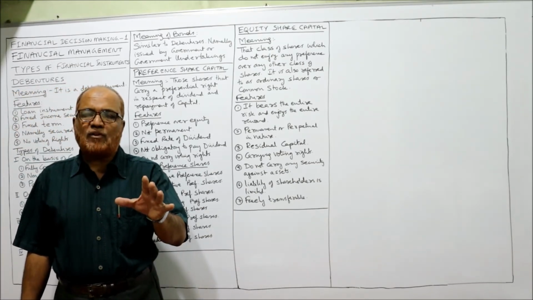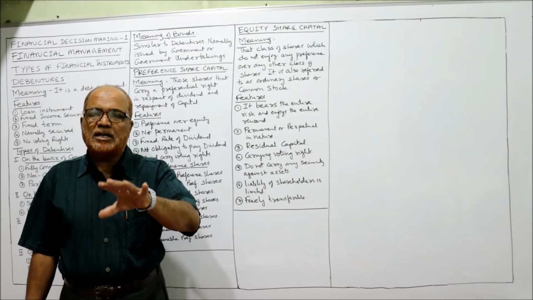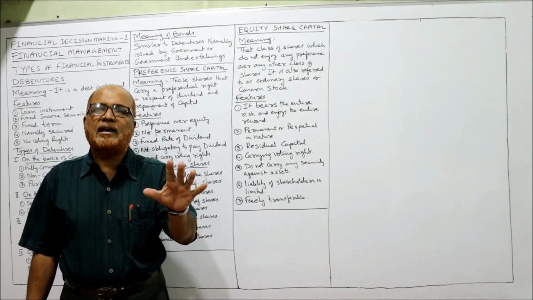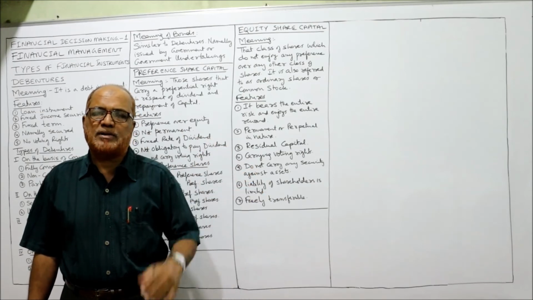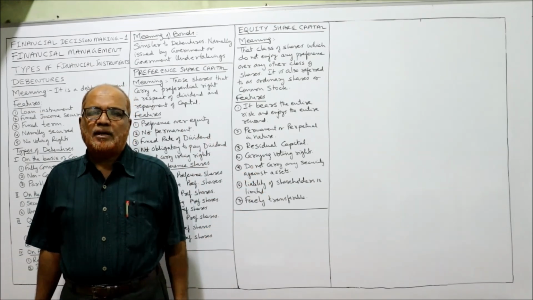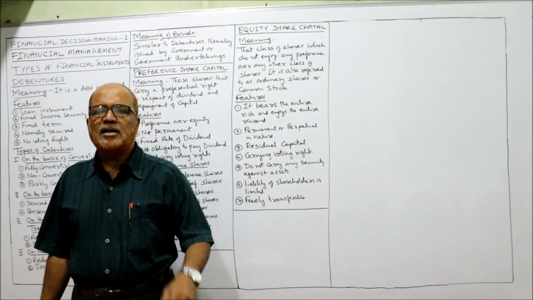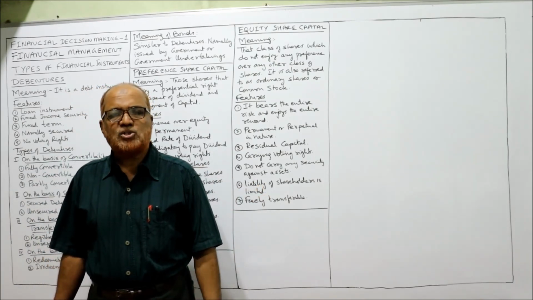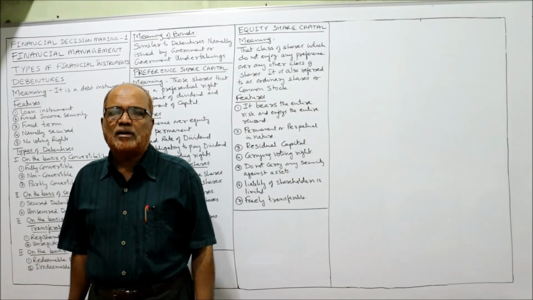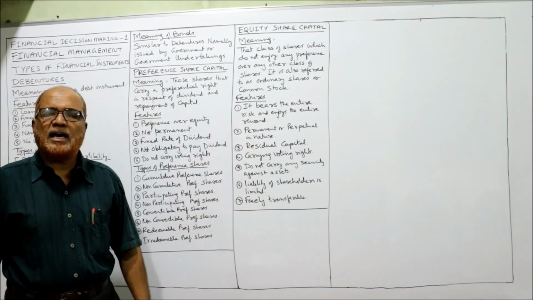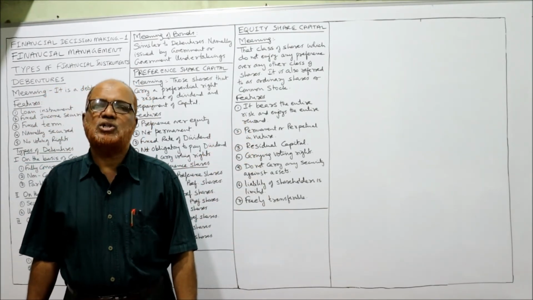The shares of a public limited company are freely transferable from one person to another. At any time, the equity shareholder can transfer his shares to another person in a stock exchange. In a stock exchange, they are freely transferable. So, these are some of the characteristic features of equity share capital.